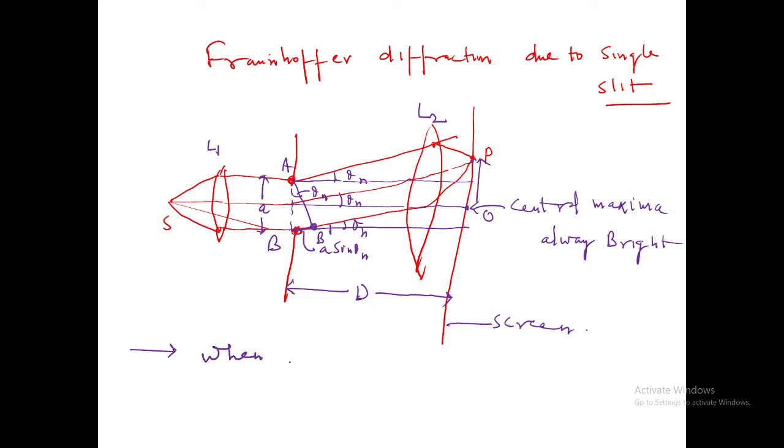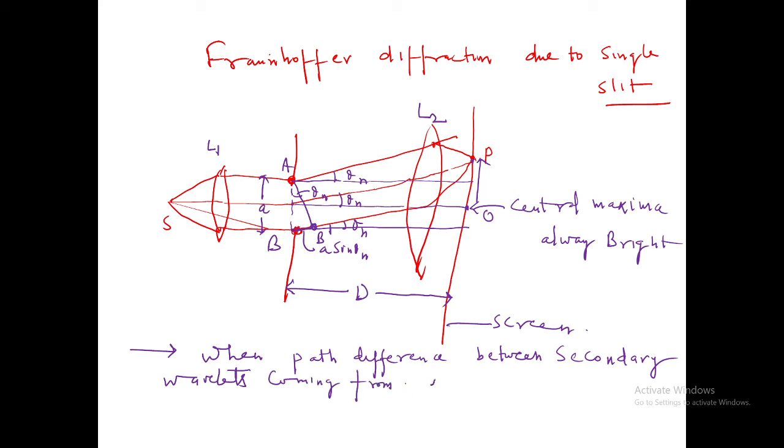So when the path difference between secondary wavelets coming from A and B is n lambda, or 2n times lambda upon 2, or an even multiple of lambda upon 2, then minima occurs.